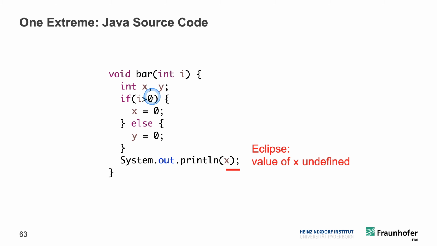If you insert such Java code here, that is accessing a possibly undefined value, such as x, which is defined in this branch but not in this branch, then Eclipse will actually give you an error message here highlighting x, telling you that this value is undefined. And that is an analysis that is actually being conducted on a control flow graph abstraction, but a very simple one over the abstract syntax tree. So essentially, it's directly operating on source code, you could say.